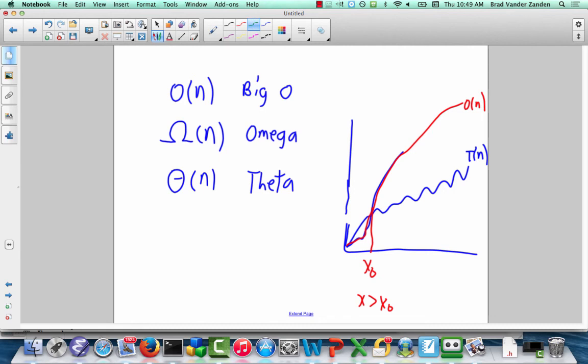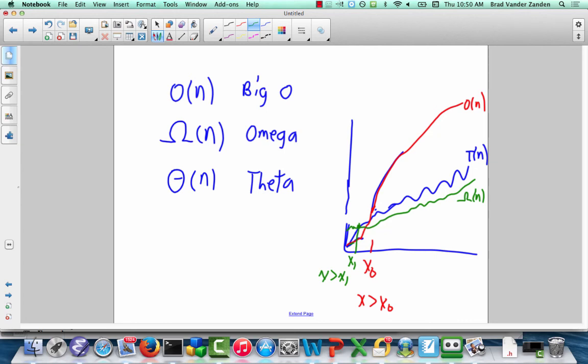And omega is going to be something that's going to go up, but it's not going to rise as fast. So at some other point, say x1, for all x greater than x1, we're going to have that the omega function is less than t of n.